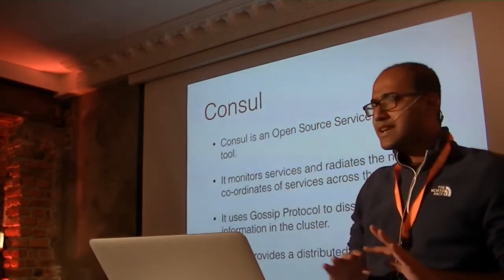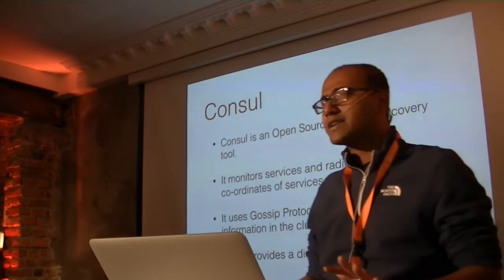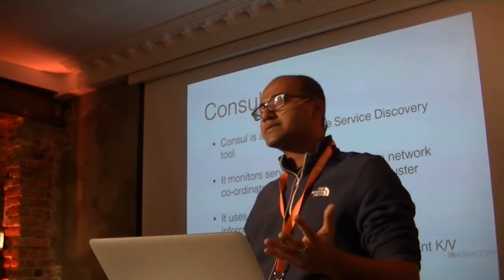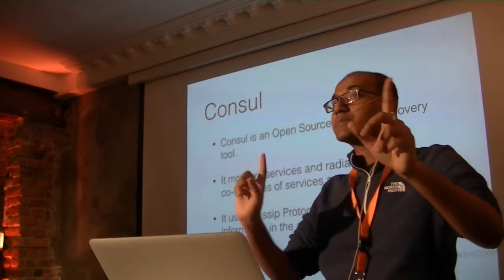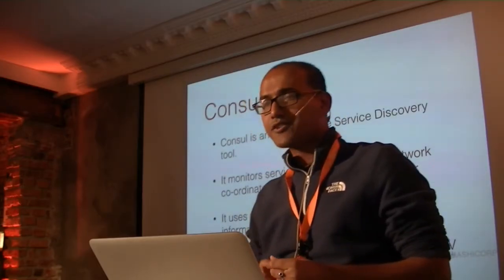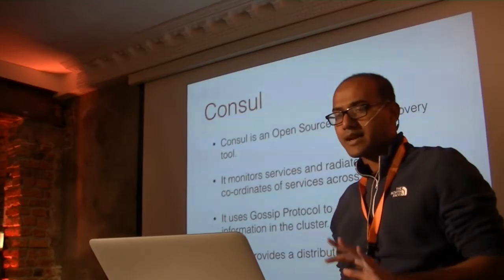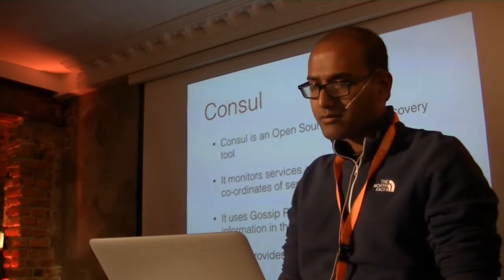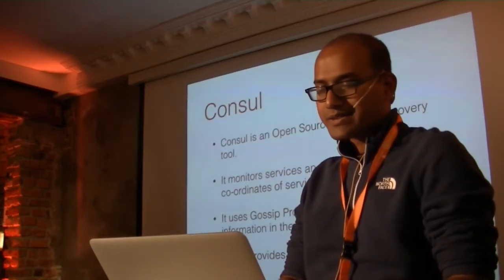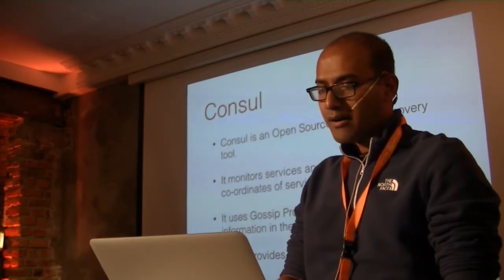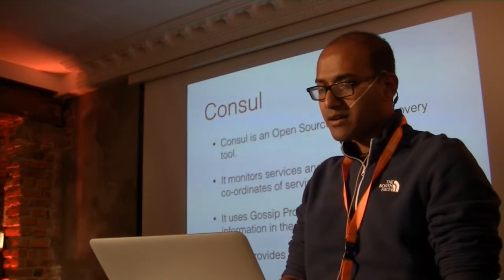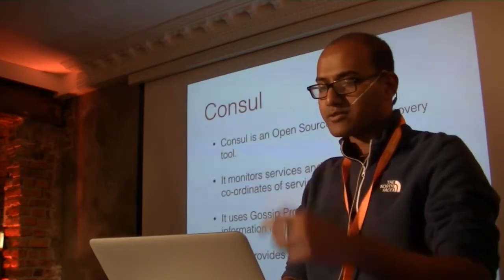And this really comes in handy if you are running on multiple data centers where the network latencies might be different. So if you have a cluster which is spread across multiple data centers, Consul is an ideal candidate for service discovery. It also has a consistent key value store, which you can use for storing data which needs to be present across the cluster.